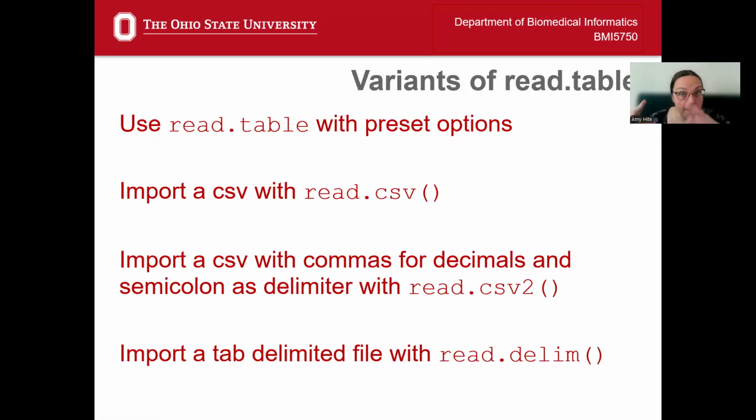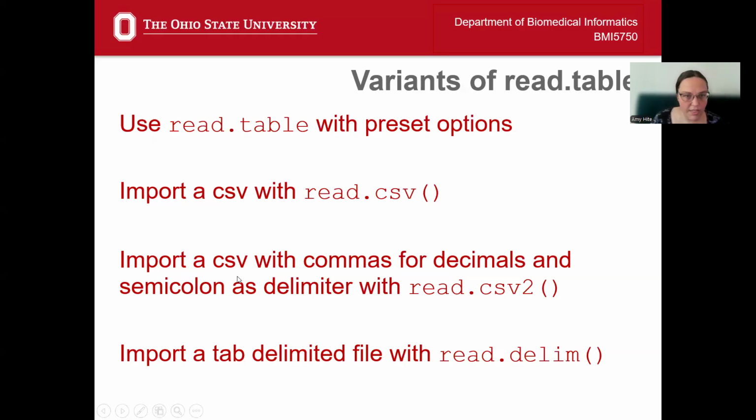Now there are some variants of read.table with set values for some of these parameters. There's read.csv where you don't have to specify that your delimiter is a CSV, is a comma. The read.csv has it as default delimiter as a comma.